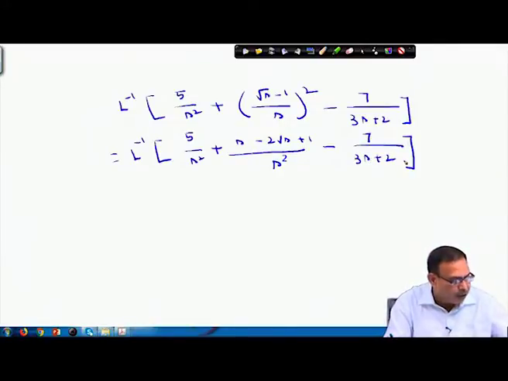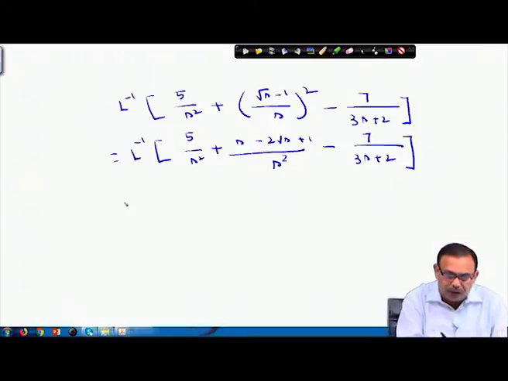Once I am writing this, now I can break it into parts: here 5 by s square is there, another one will be s square.